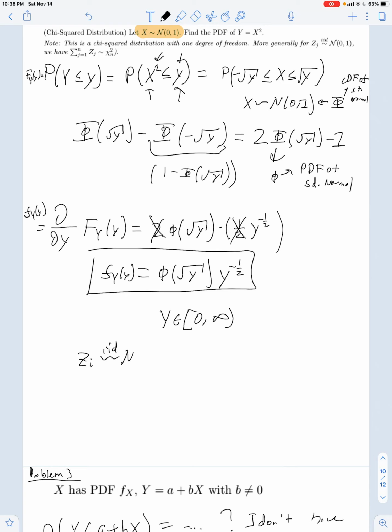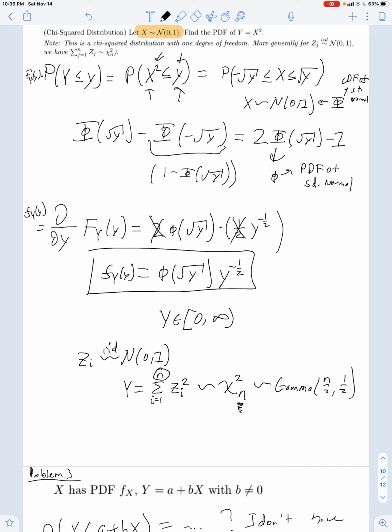If you have Z_i that are IID standard normal, and Y is equal to the sum from i equals 1 to n of Z_i squared, then we say that Y is chi-squared distributed with n degrees of freedom, or equivalently, it's gamma distributed with parameters n over 2 and 1/2, where n is the degrees of freedom and also the number of squared standard normals that you're adding up.